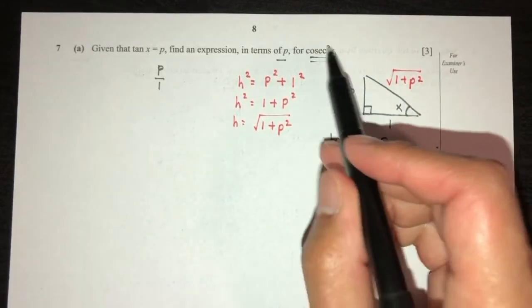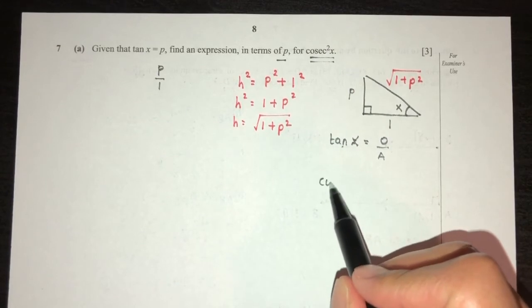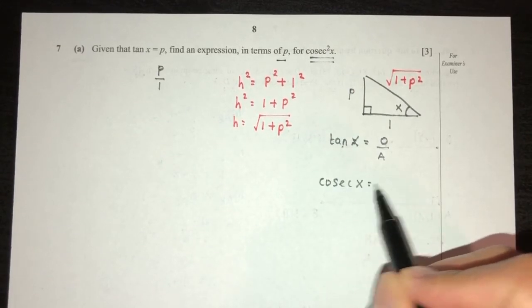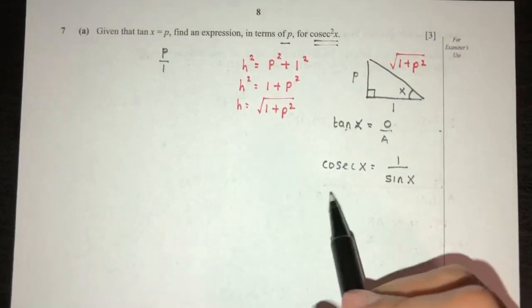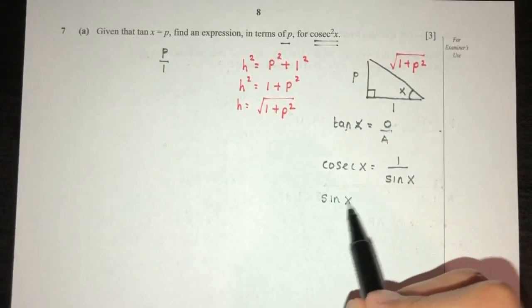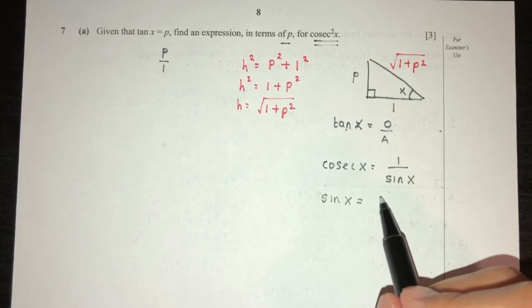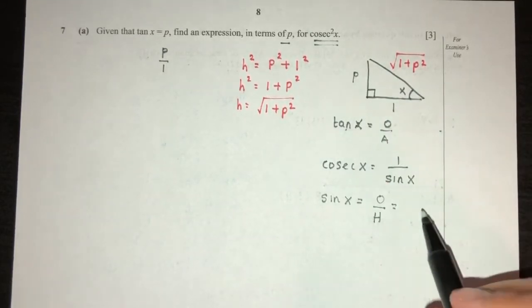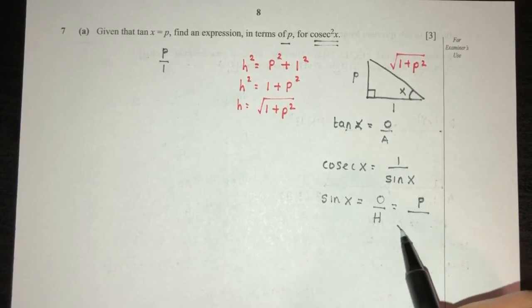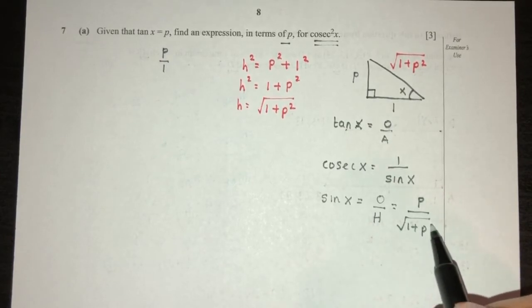Now for you to find cosec square x, you have to know what cosec x is. It is 1 divided by sin x, right? And what is sin x? Sin x is defined by your opposite side divided by your hypotenuse, which is p divided by root of 1 plus p square.